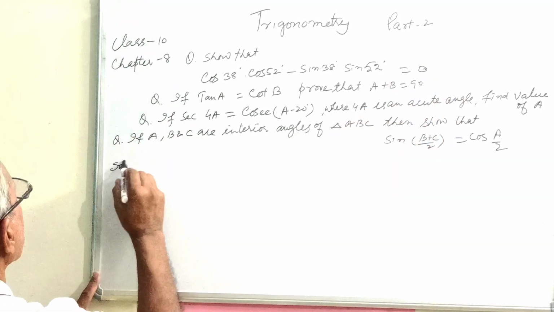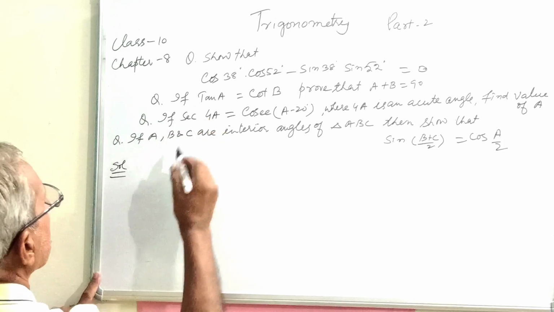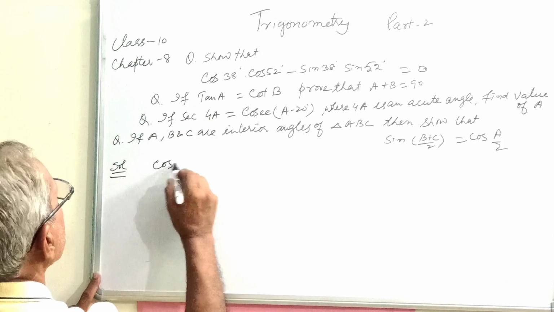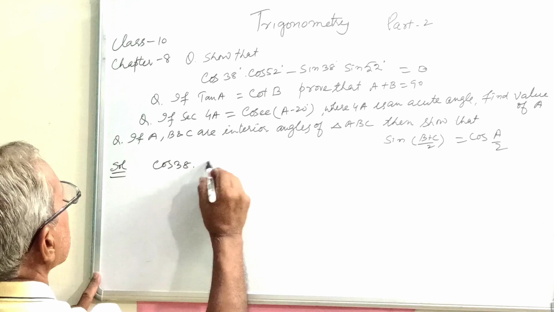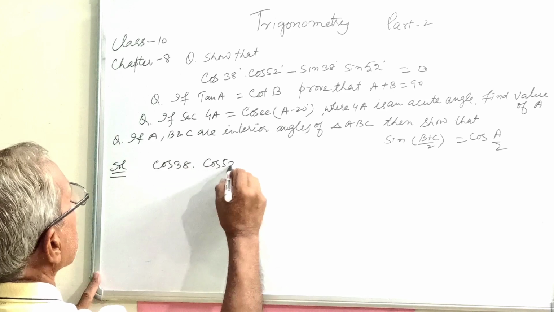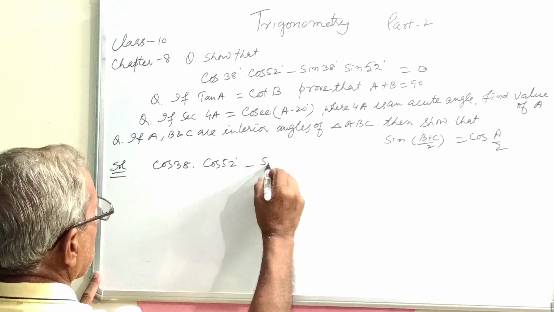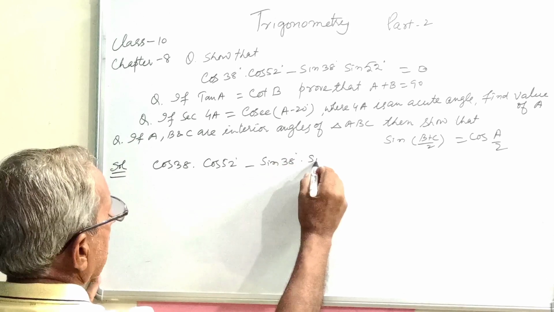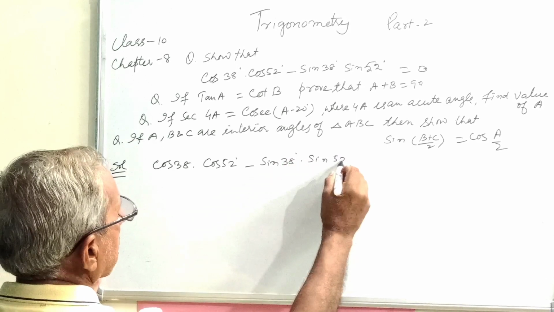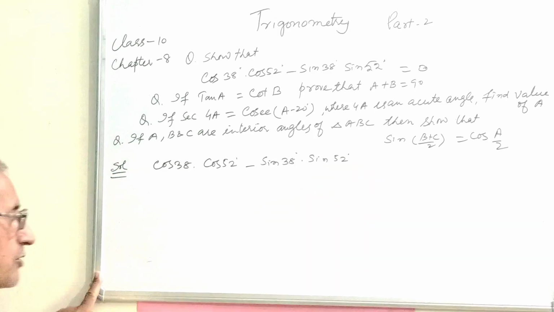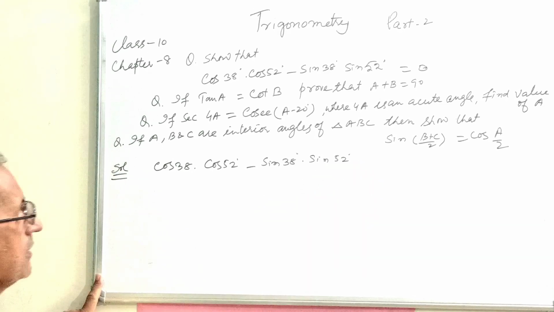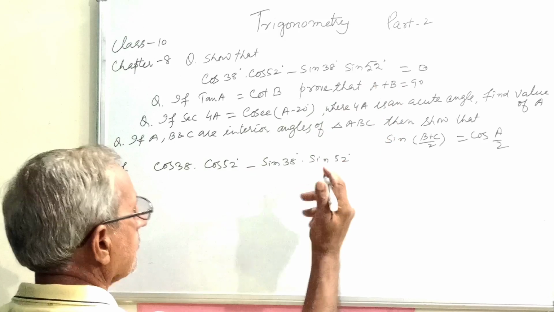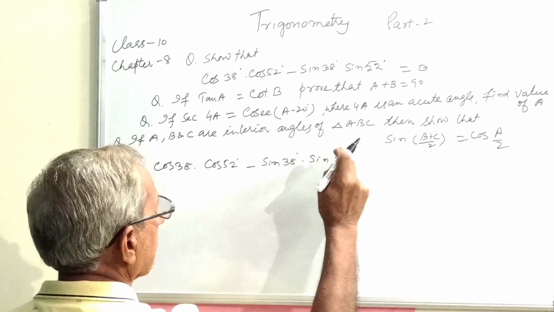So let us take the solution. Cos 38 degree into cos 52 degree minus sin 38 degree into sin 52 degree. So you have to find the value of this, which should be 0.